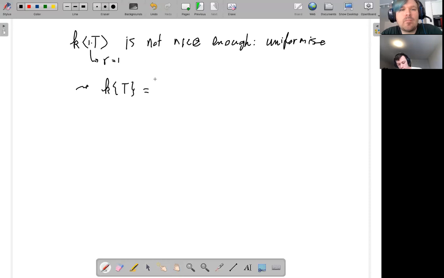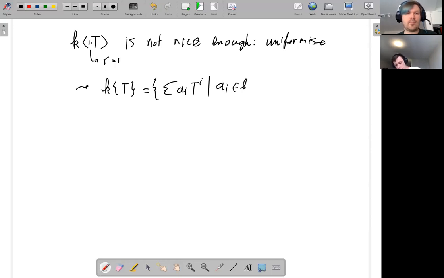And this is actually the set of formal power series Σ aᵢTⁱ, such that aᵢ is in K. But now the definition is changed a little bit. Namely, you just require that in the limit, |aᵢ| goes to 0.